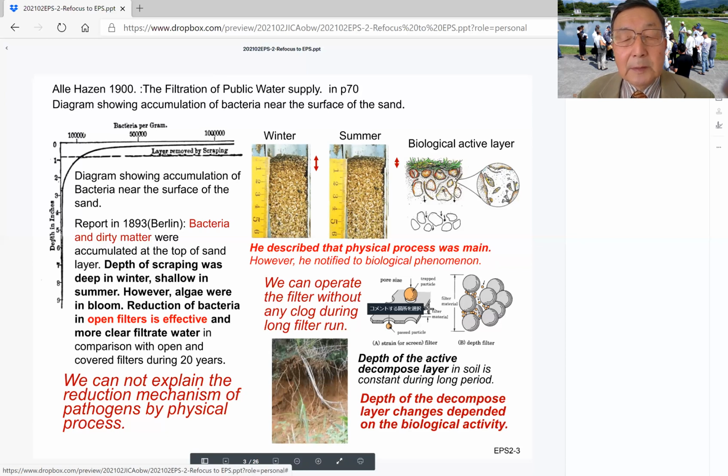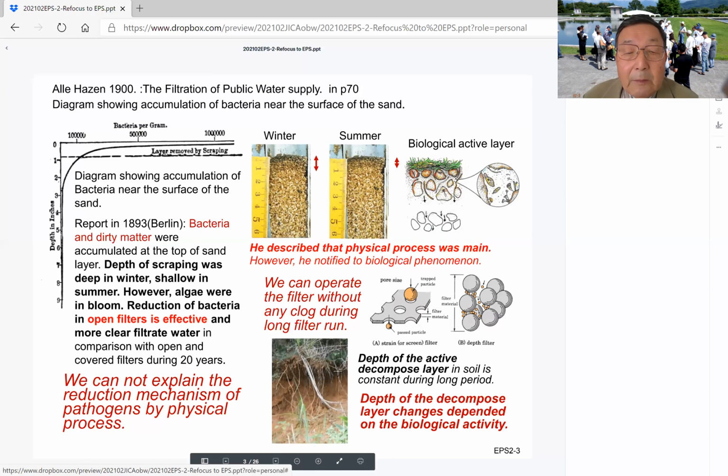In that case, we cannot explain it by strain filter, sieving filter, or depth filter, where turbid matter adheres to the sand surface. But in a long filter run we can keep it without any trouble, even in summertime.